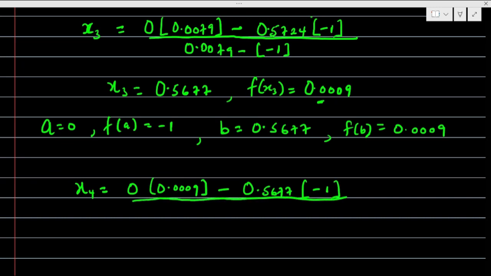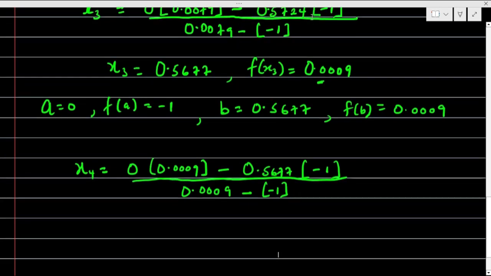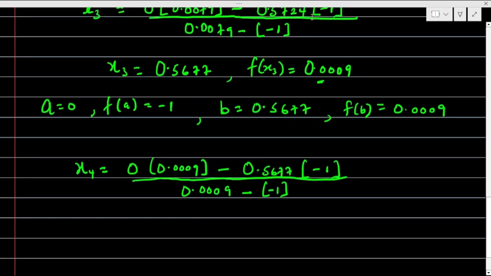All of this over f of b, which is 0.0009 minus f of a, which is -1. So when we punch this on our calculator, our x4 will be equal to 0.5672.